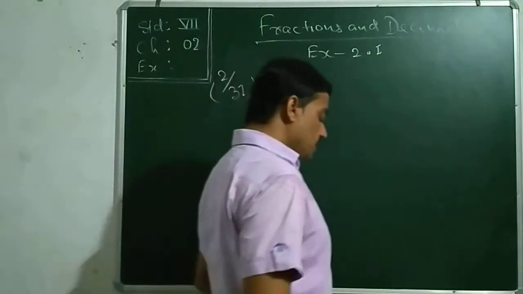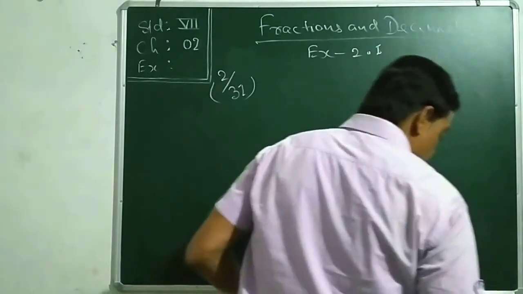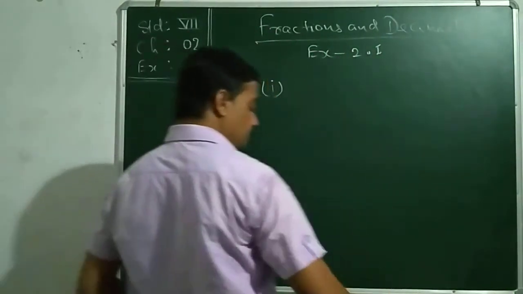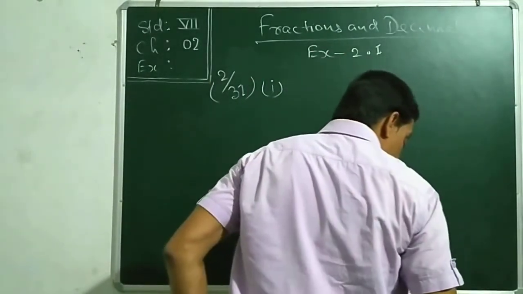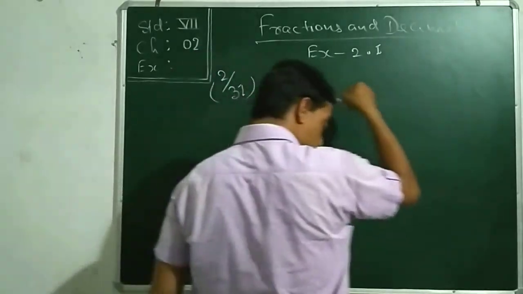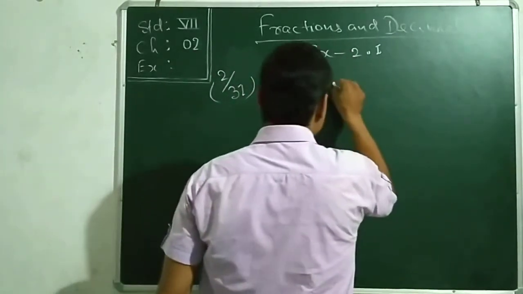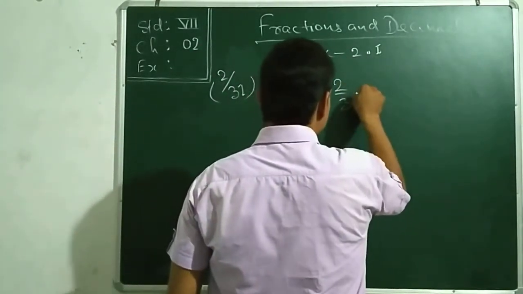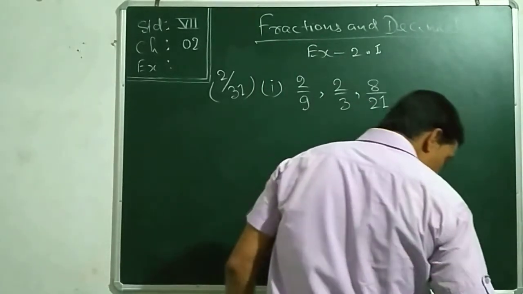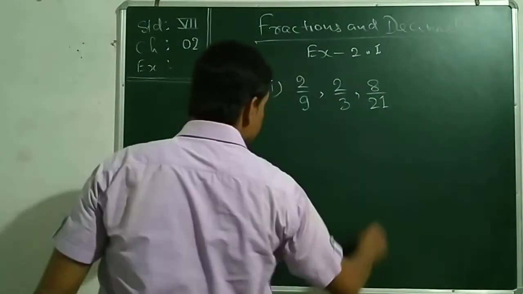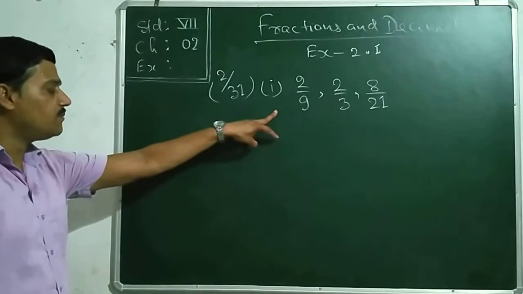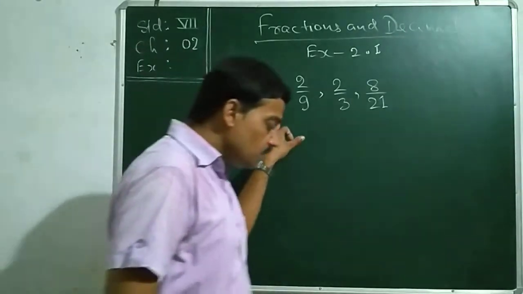In question two, arrange the following in descending order. The first sum is 2 by 9, 2 by 3, 8 by 21. We need to arrange them in descending order.